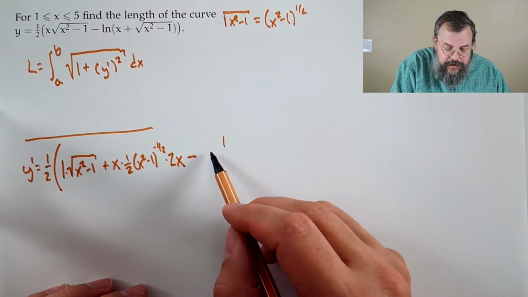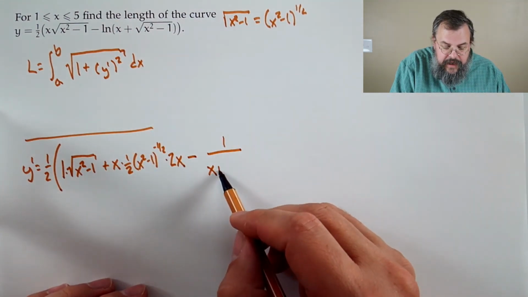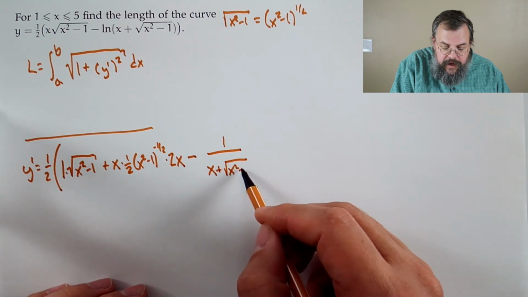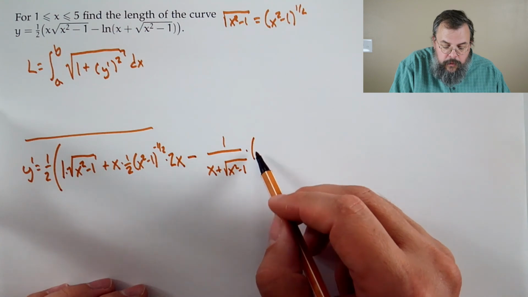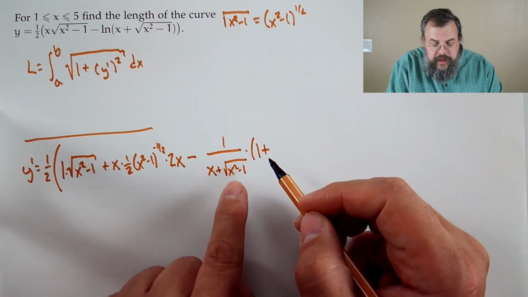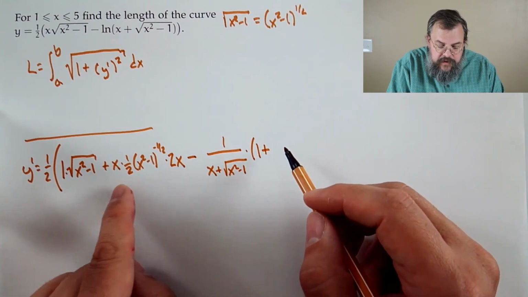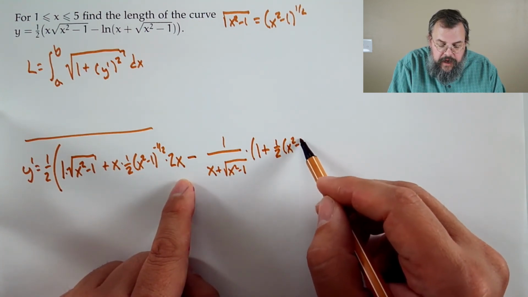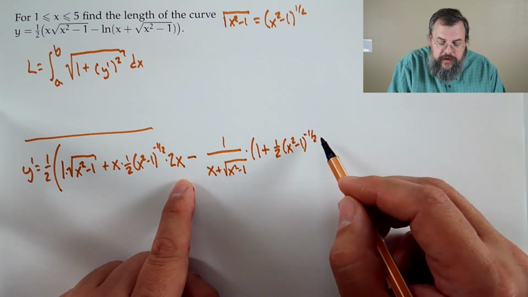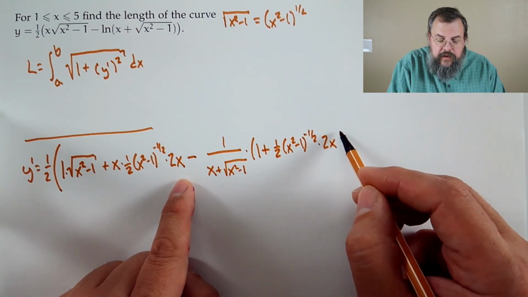Natural log says 1 over the inside, x plus square root of x squared minus 1, times the derivative of the inside, which is 1 plus, and then the derivative of square root of x squared minus 1 again. Well, it's the same thing as what we had over here. 1 half x squared minus 1 to the minus 1 half times 2x.